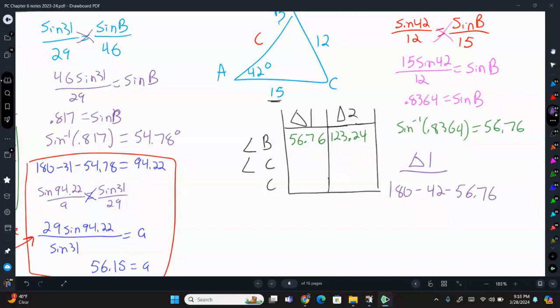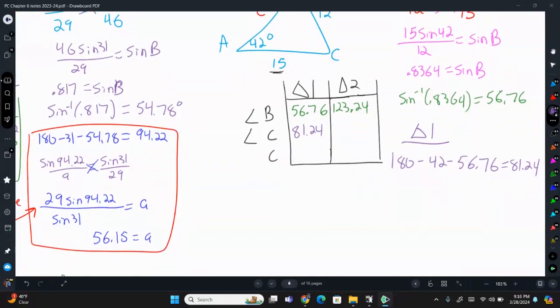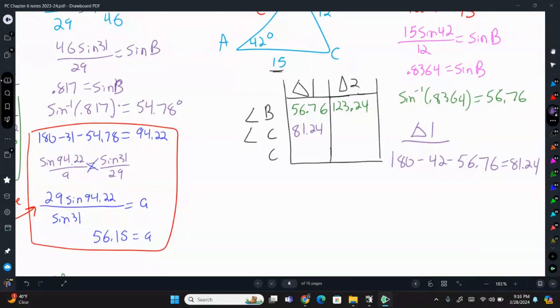That will give us 81.24. Let's write that a little bit neater. 81.24. Not much better.